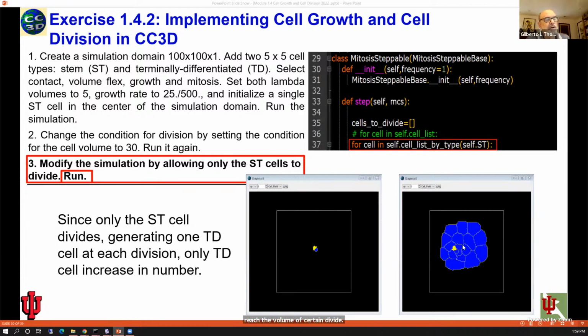So you have growth of only the TD cells, and only one stem cell remains in your simulation. Do you guys get that?